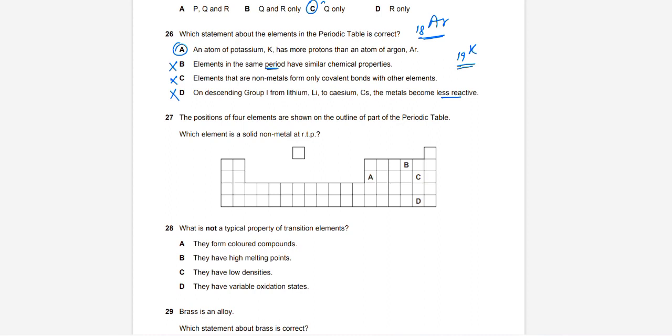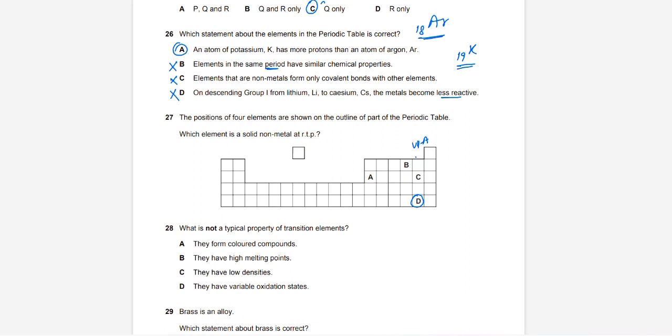The positions of 4 elements are shown in the outline of part of the periodic table. Which element is a solid non-metal at room temperature? Fluorine, chlorine, bromine, iodine. This is a halogen, group 7A.